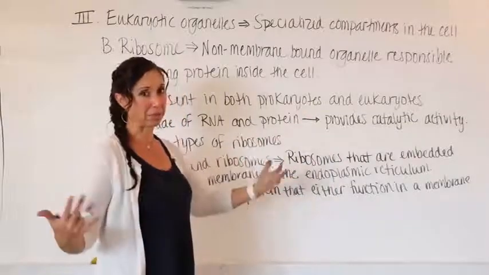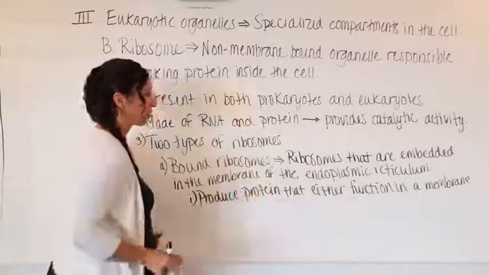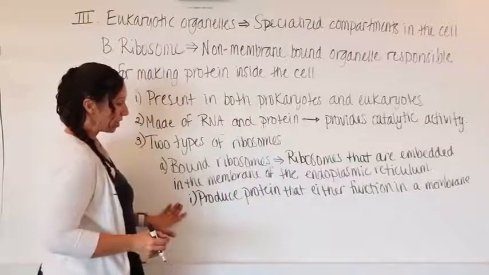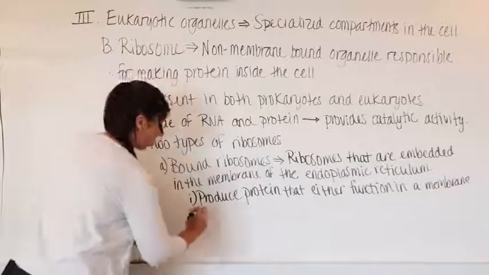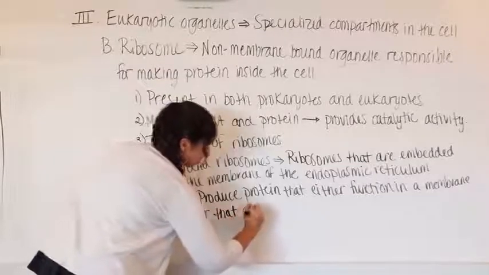It doesn't really matter what membrane. It will know its function when it's made, and it'll go to that specific membrane. It'll produce proteins that either function in a membrane or that get secreted out of the cell.